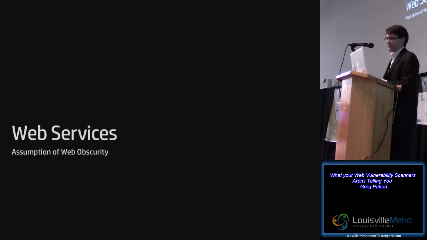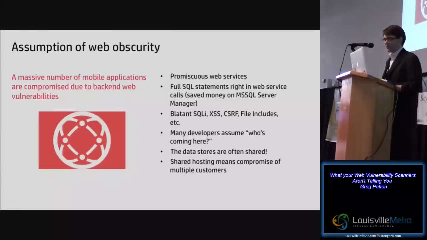And the reason for that is developers make the assumption that users aren't going to navigate directly to those web services. You can have that assumption of web obscurity. And this is true of thick client applications that use web services and various other traditional web applications. We find this just all over the place with mobile applications.